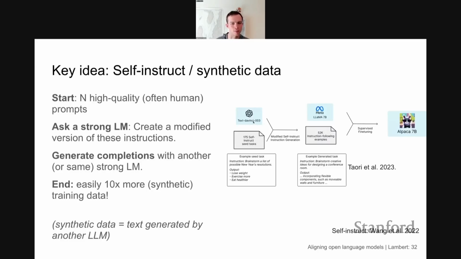And they also generated completions from this OpenAI model. And then they took these Meta weights that had just come out and instruction fine-tuned them, and then you end up with Alpaca. This is a pattern that we've seen many times with Alpaca, which is essentially you generate some data from a stronger language model and you fine-tune on it. It sounds so obvious today, but this was the first model to actually release this.